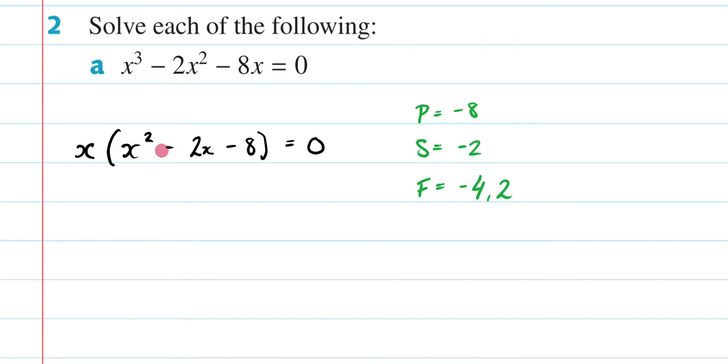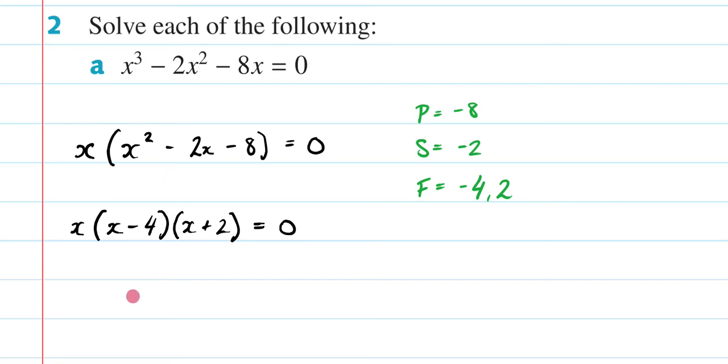So that means I can now rewrite this as x(x minus 4)(x plus 2). Now that I've factorized it, I can now use my null factor law, which tells me that one of these, or all of them, has to be equal to 0 if my product is 0.